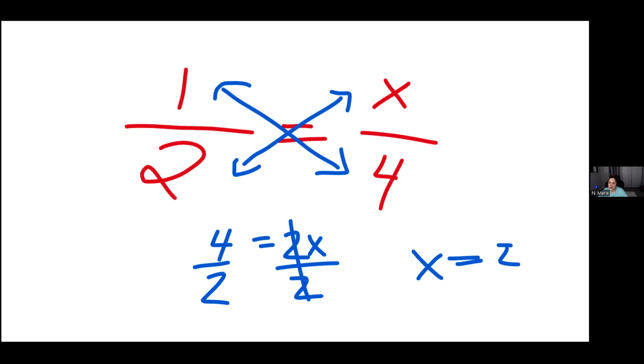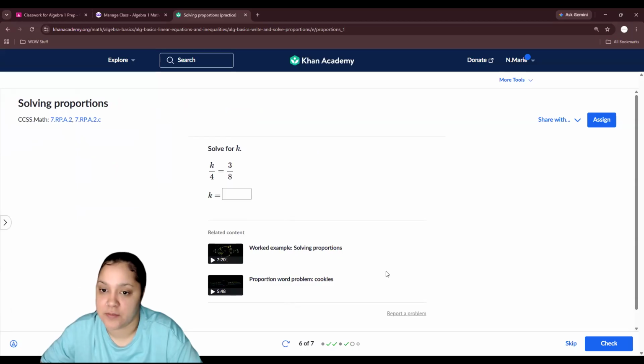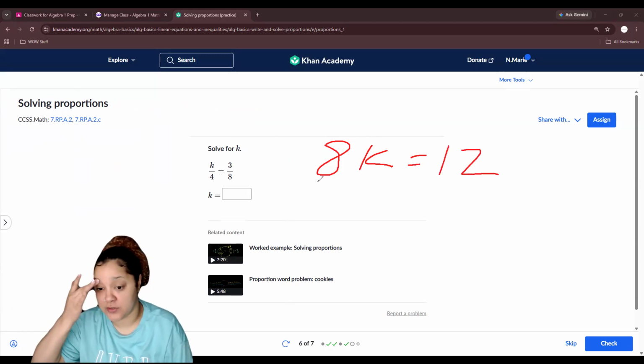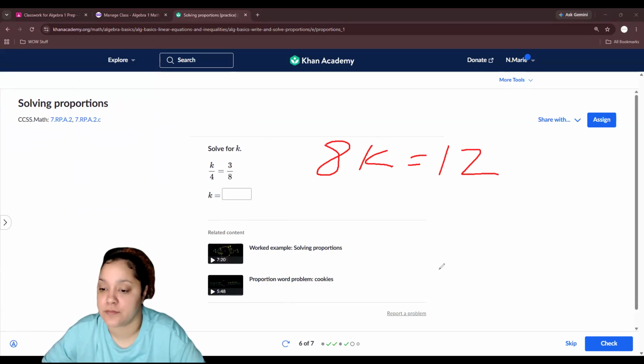All right, let's go back here. So here you can see it's the same. We have 8 times k, which gets me 8k, and 3 times 4, which is 12. Yes, for these you can get decimals, you can get fractions. And so for this one, when we divide both sides by 8, you get 12/8. K equals 12/8.